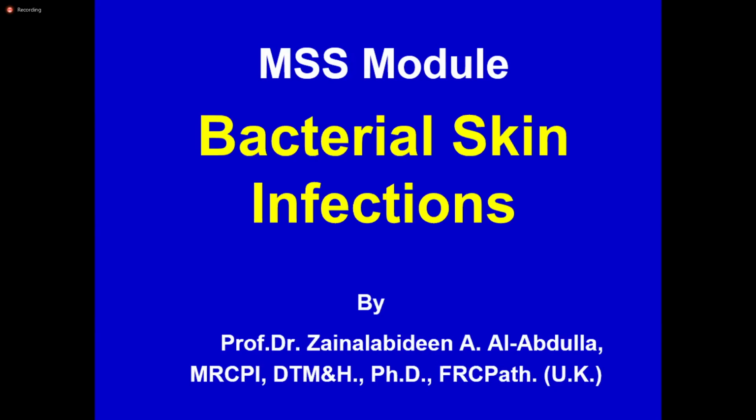Okay, Assalamu alaikum. Today we will have our last lecture regarding the MSS module, and we are going to talk about bacterial skin infections. We have started with different types of infection: fungi, anaerobic, viral, parasitic.